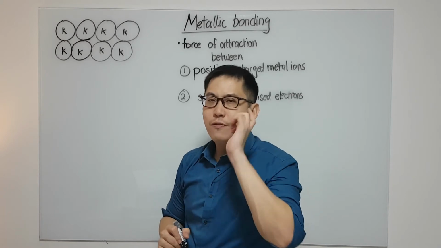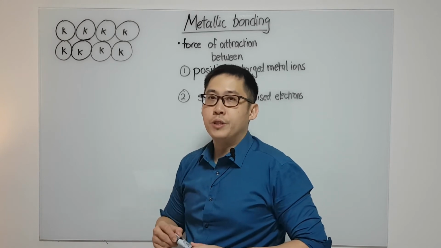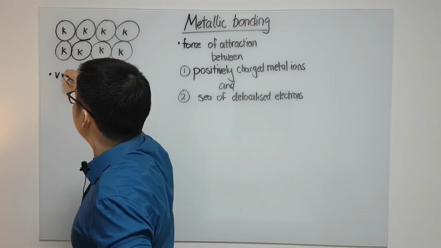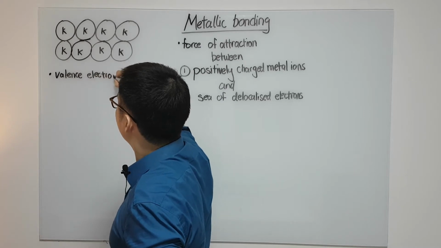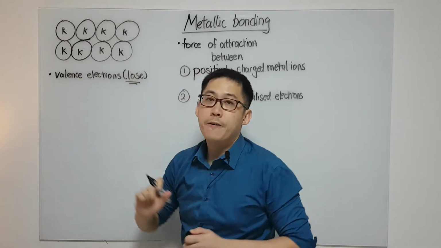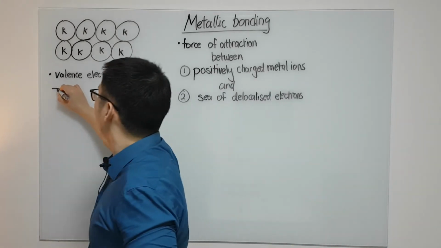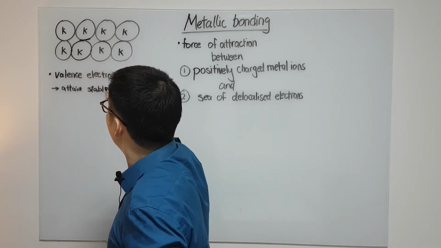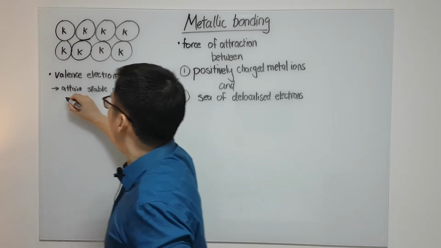However, as you may recall from your learning of ionic bonding, metals tend to lose their valence electrons to obtain a stable octet or duplet configuration.